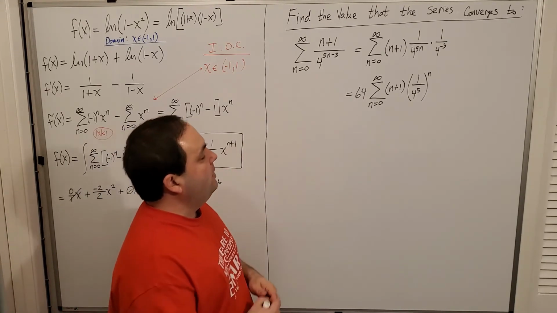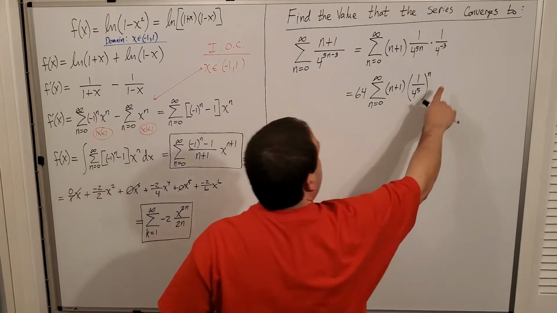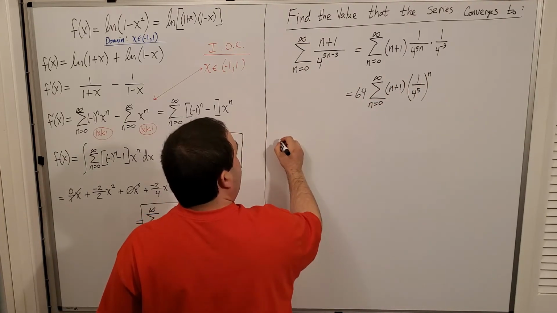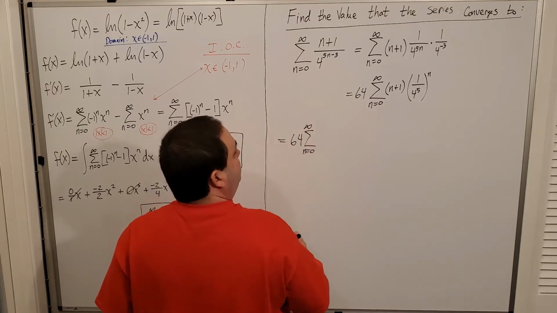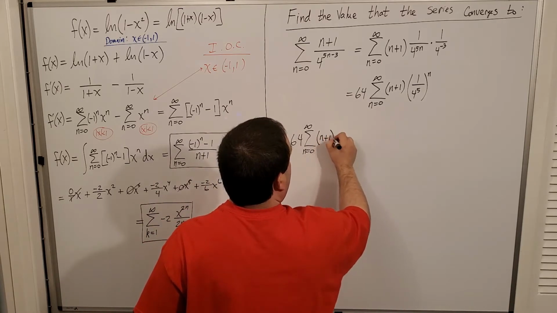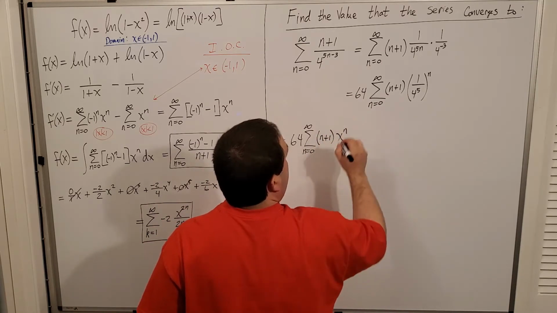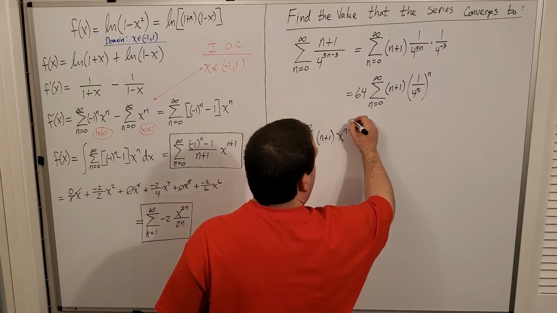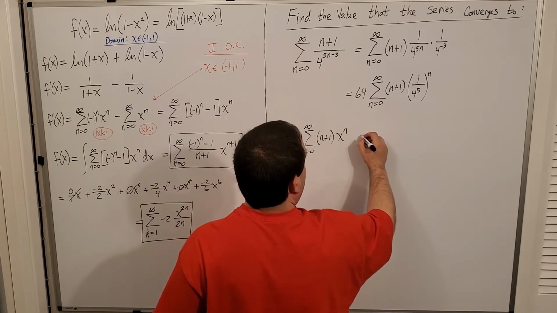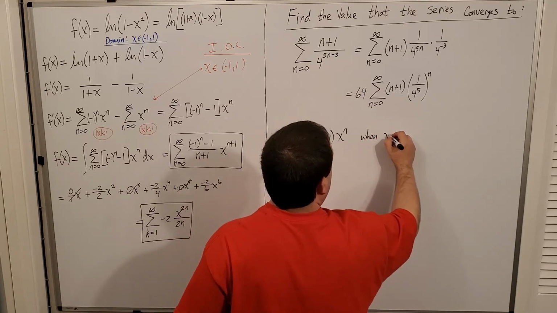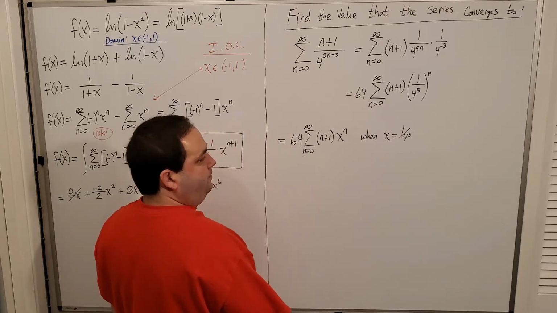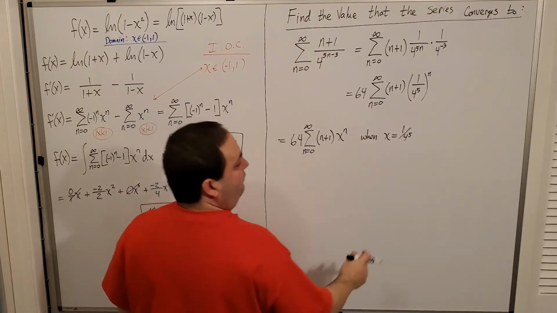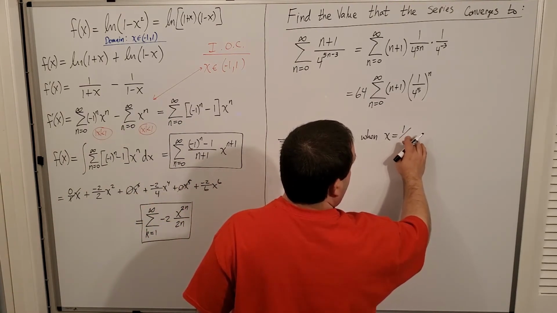So what I'm going to say is that this is actually equal to 64 times the sum n equals 0 to infinity of n plus 1 times x to the n, evaluated when x is equal to 1 over 4 to the 5th. 4 to the 5th is 1024, so I'll just put that.